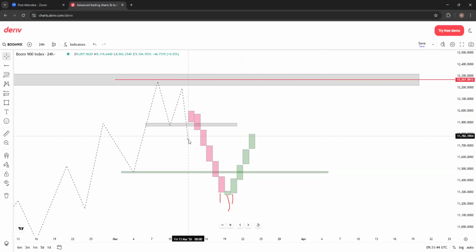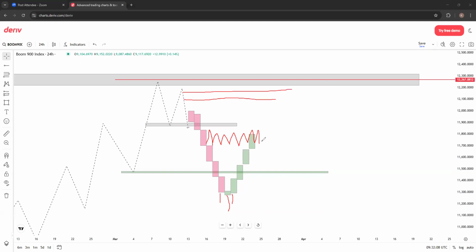Remember, when you had this change of character, there was a certain amount of price that was needed just to break this mini low. So on areas like this one over here, you're going to have fair value gaps. And above, sometimes, at this area here, you're going to have order blocks, right?